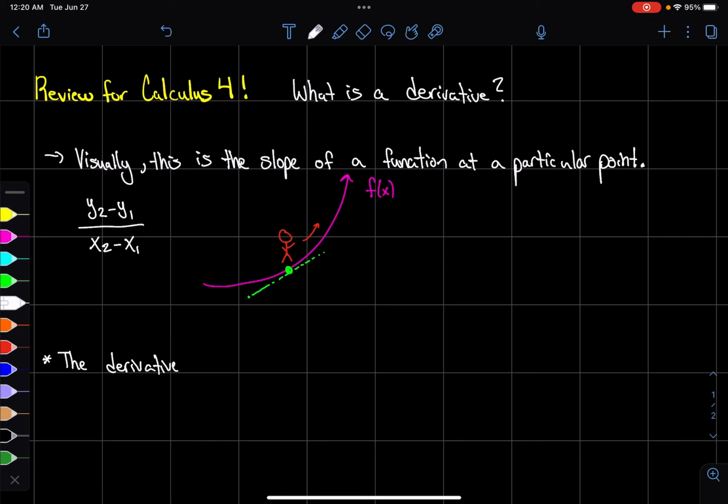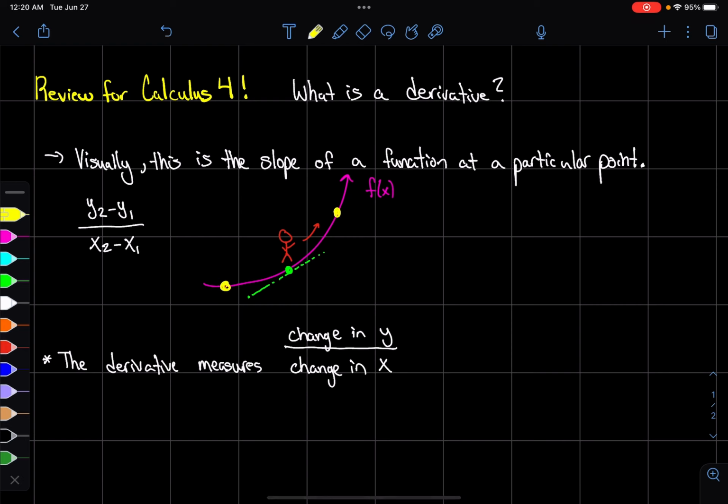The derivative measures the change in y, or the change in our output, compared to the change in x, but not at a large scale level, right? We don't take a point here and a point here and look at the slope of the line between them.